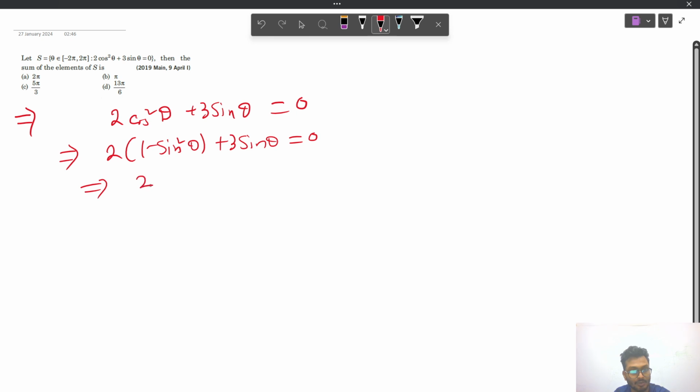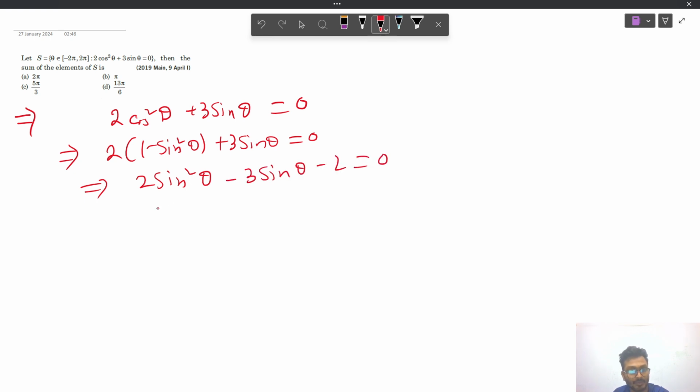So 2 sine square theta, if we multiply by minus 1, then we get minus 3 sine theta minus 2 equals 0.